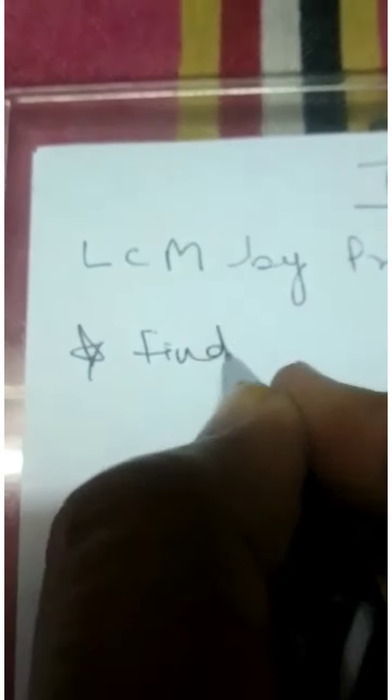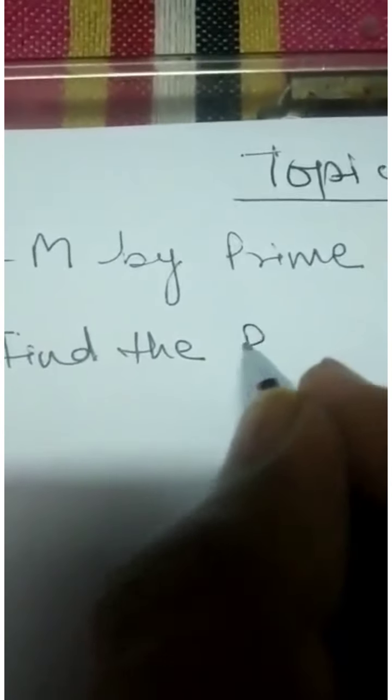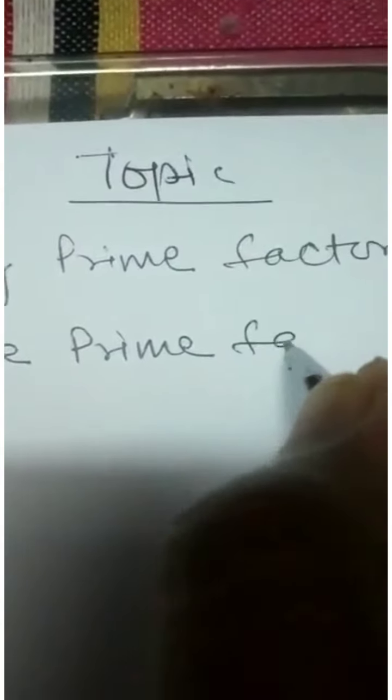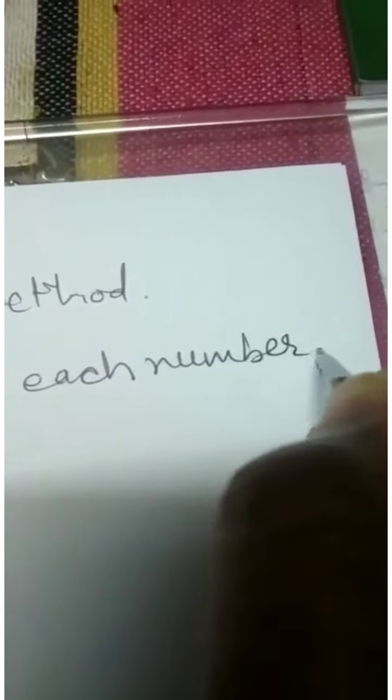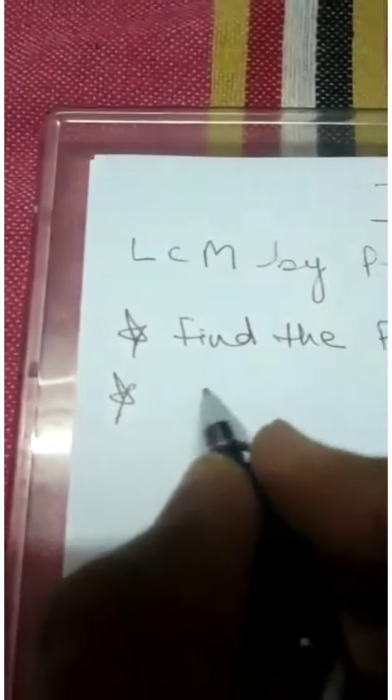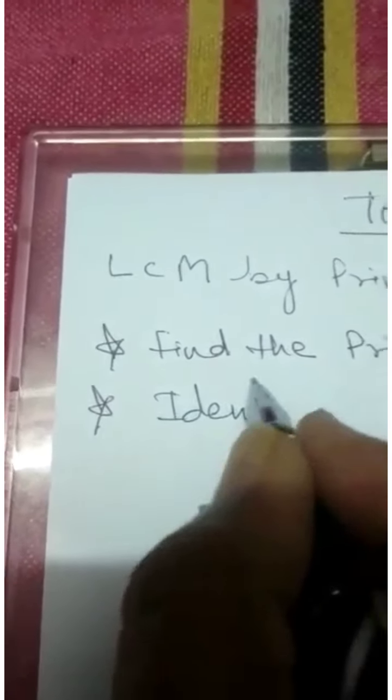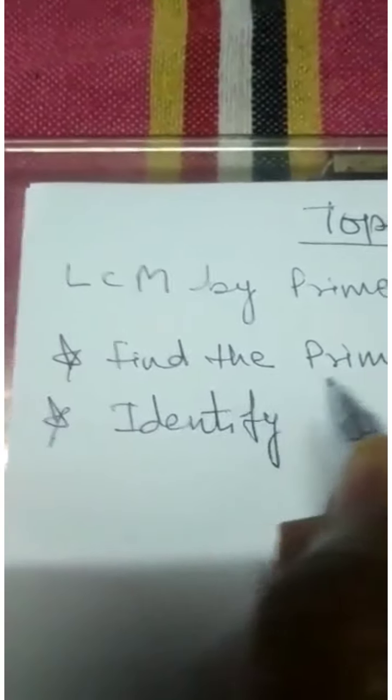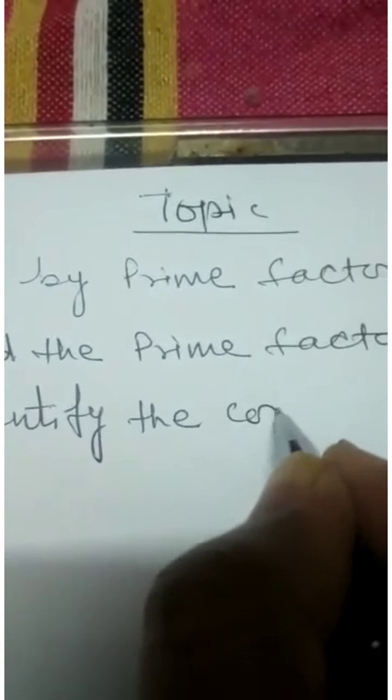Follow these steps. Find the prime factorization of each number. This is our first step. We find the prime factorization of each number. Second step is identify the common factors.